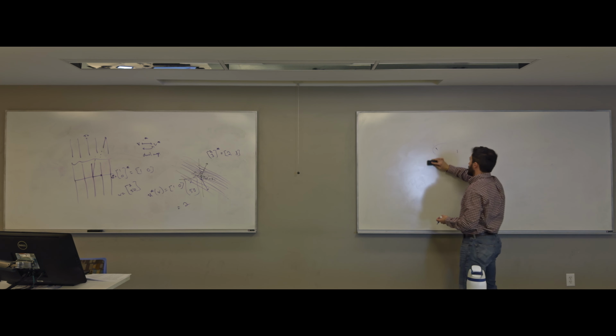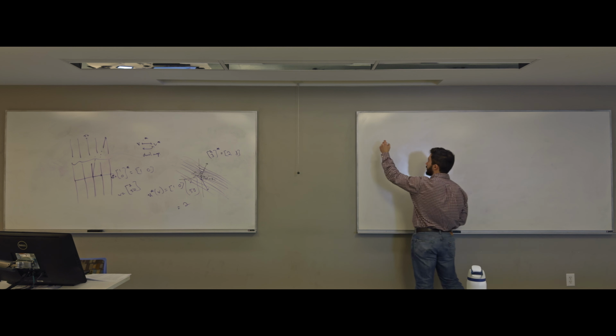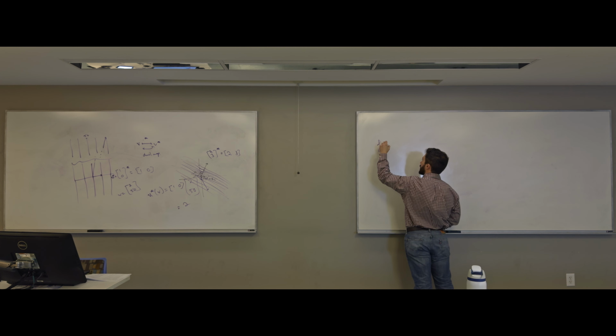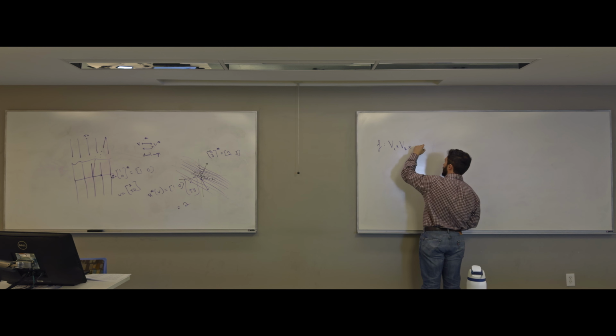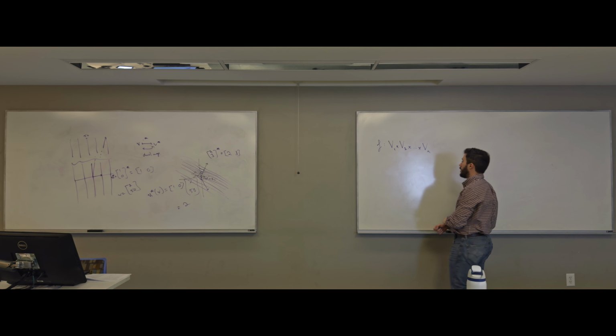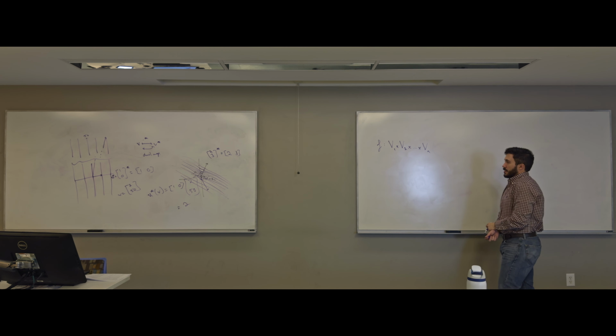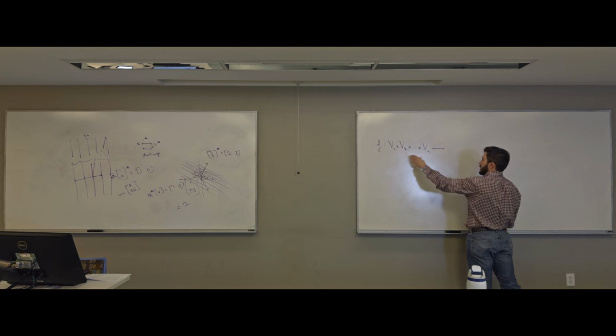Why do we care about tensors? Let's say you've got a function from a collection of vector spaces. So this is V1, V2, Vn. So it eats a bunch of vectors in an n tuple.